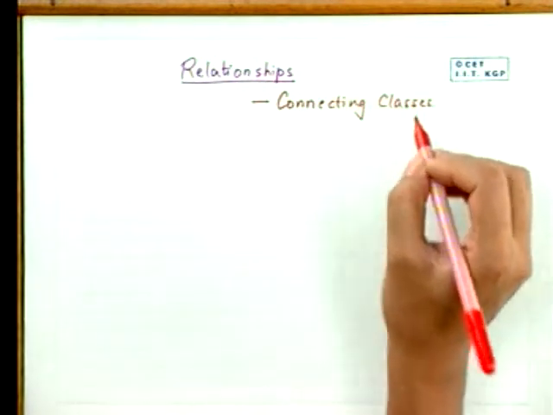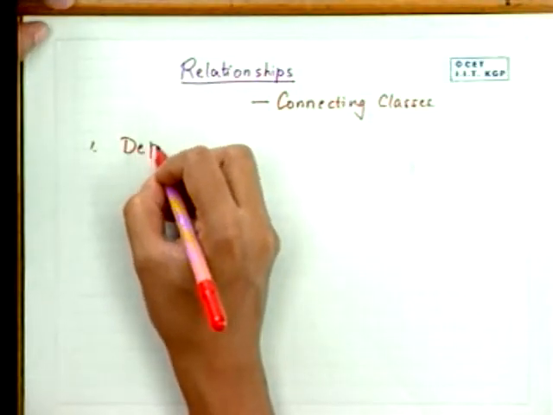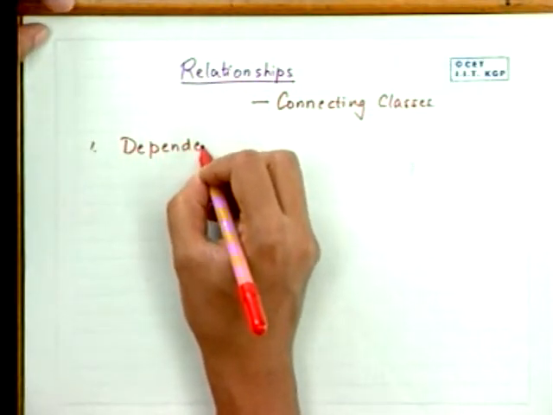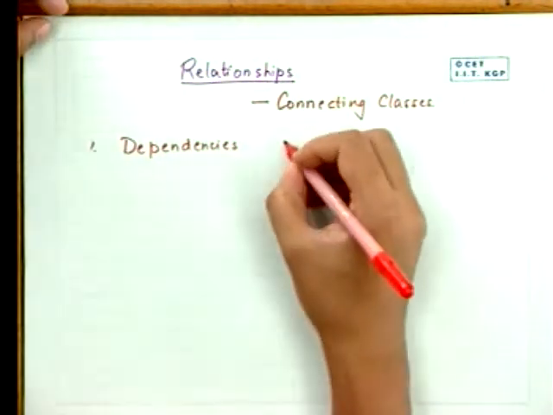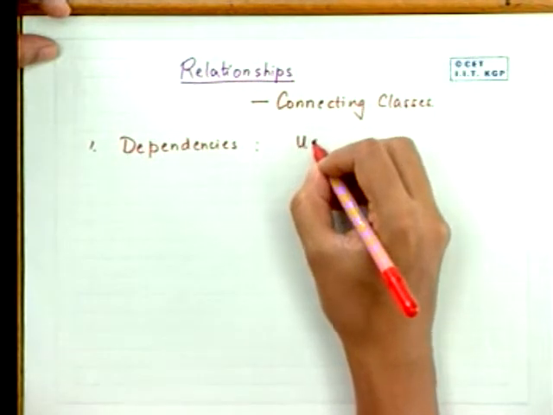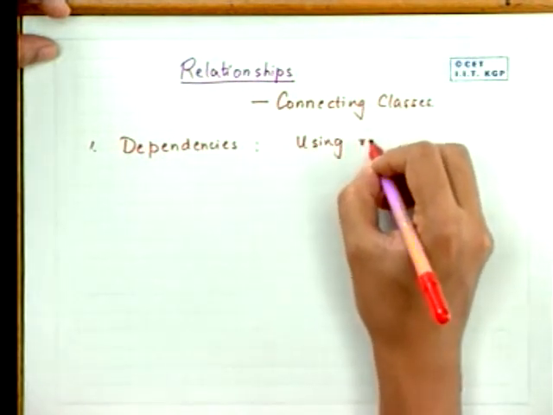And we will see that the three important types of relationships that we will consider are: number one, dependencies or using relationship.